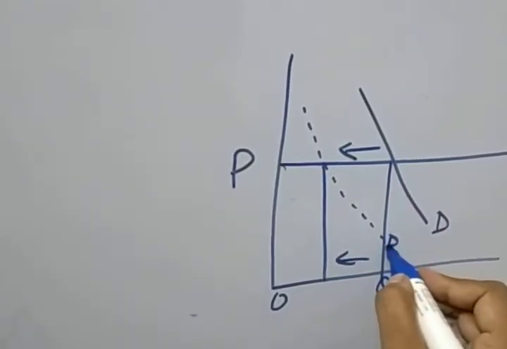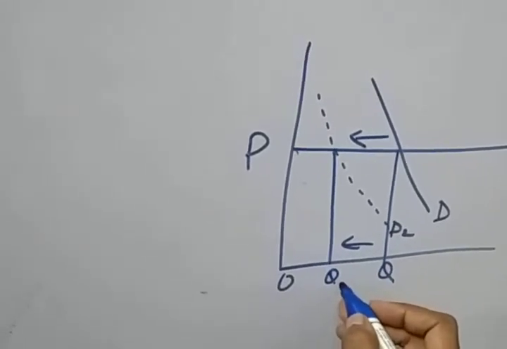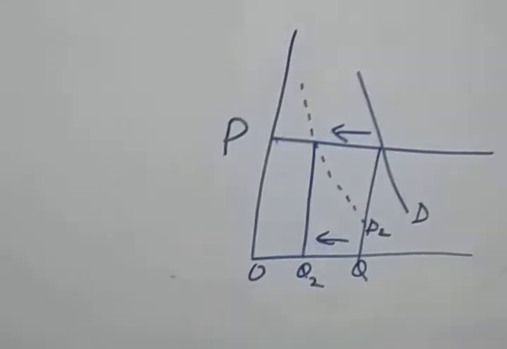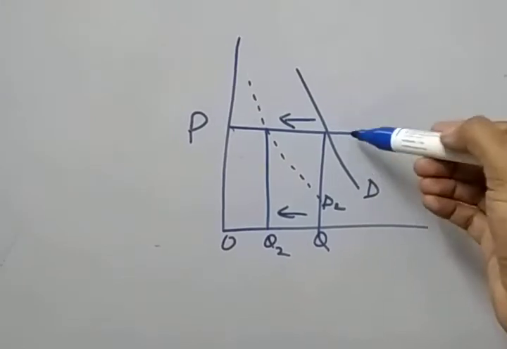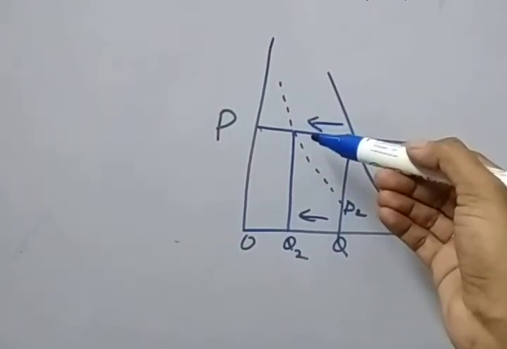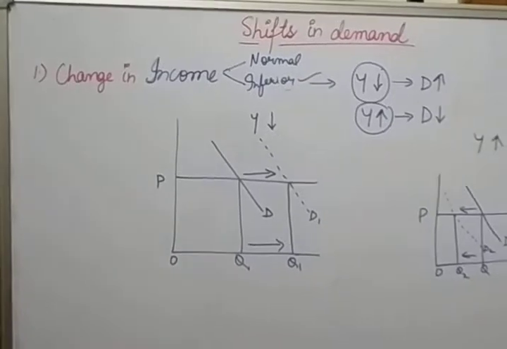Because now he will substitute these inferior goods with superior quality goods. Same example which I gave you: if earlier he was purchasing dalda ghee, definitely he will reduce the consumption of the dalda ghee, because now he wants to shift to desi ghee or maybe to any other superior good.